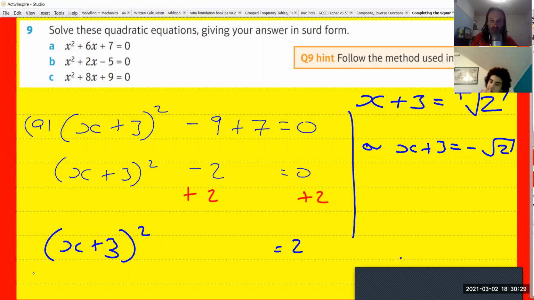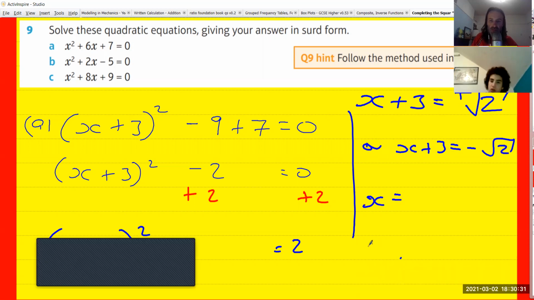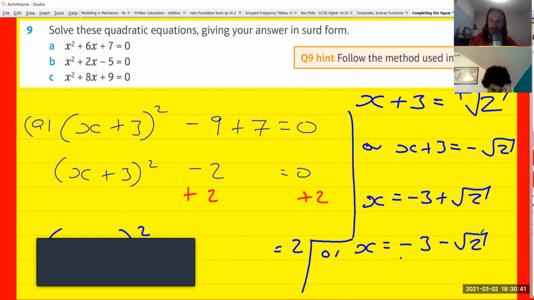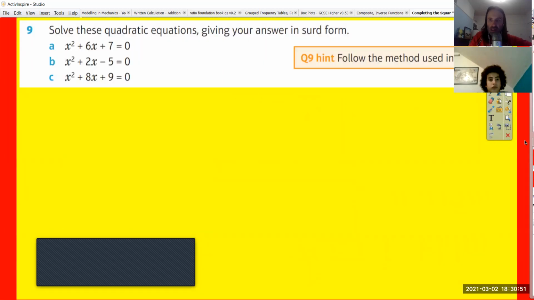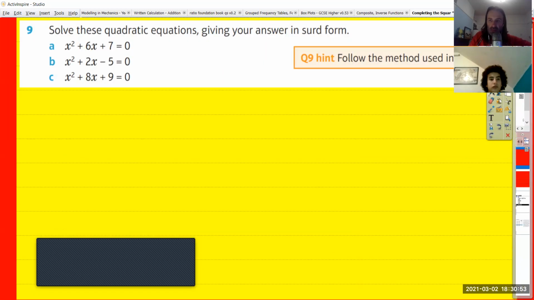And you have to make them both x equals. X equals minus 3 plus root 2. X equals minus 3 minus root 2. Well done. Let's see. Okay, let's try B. Negative number this time.